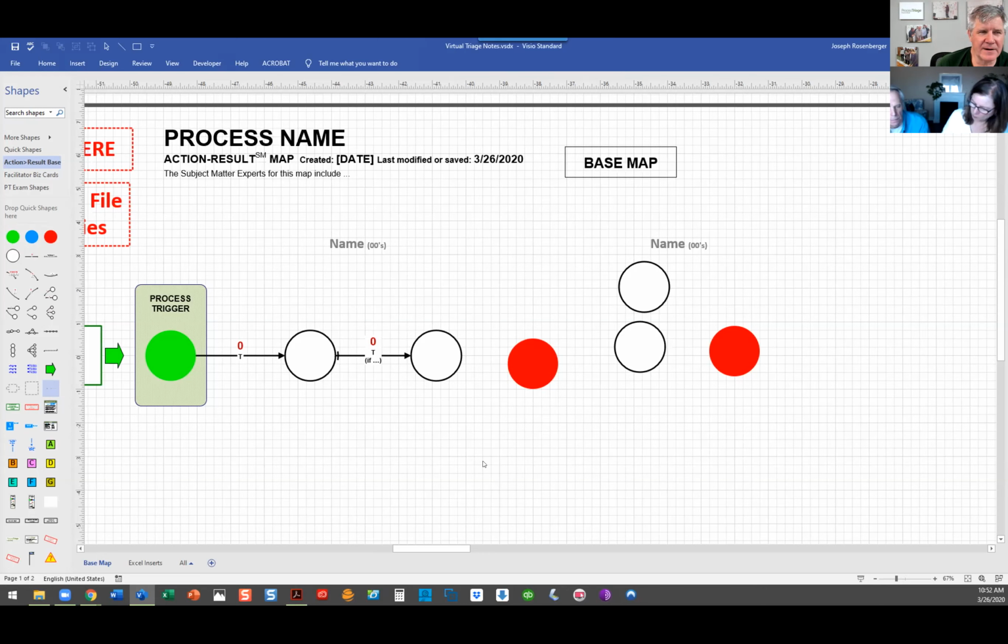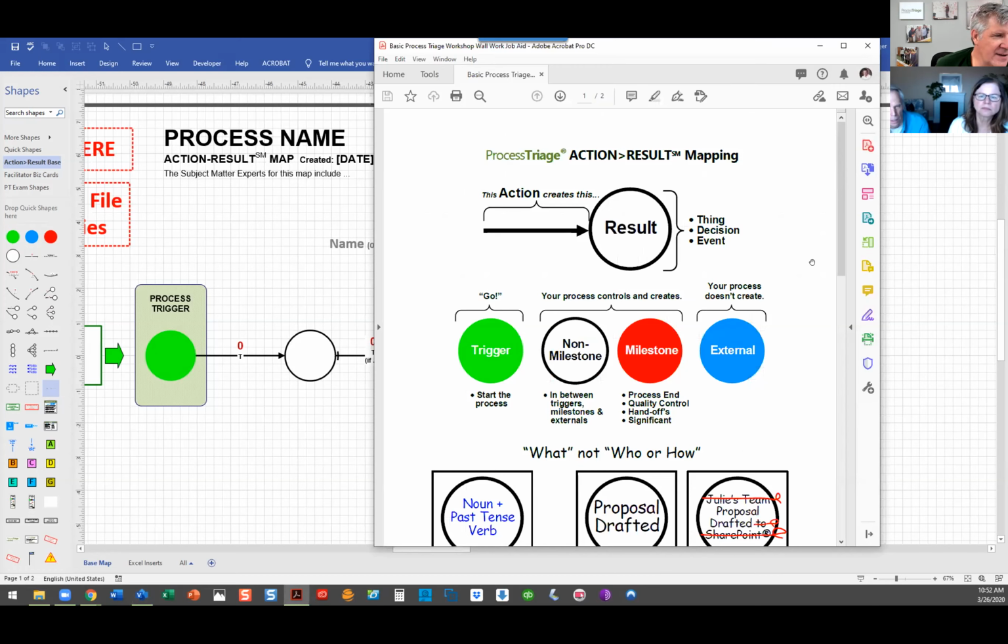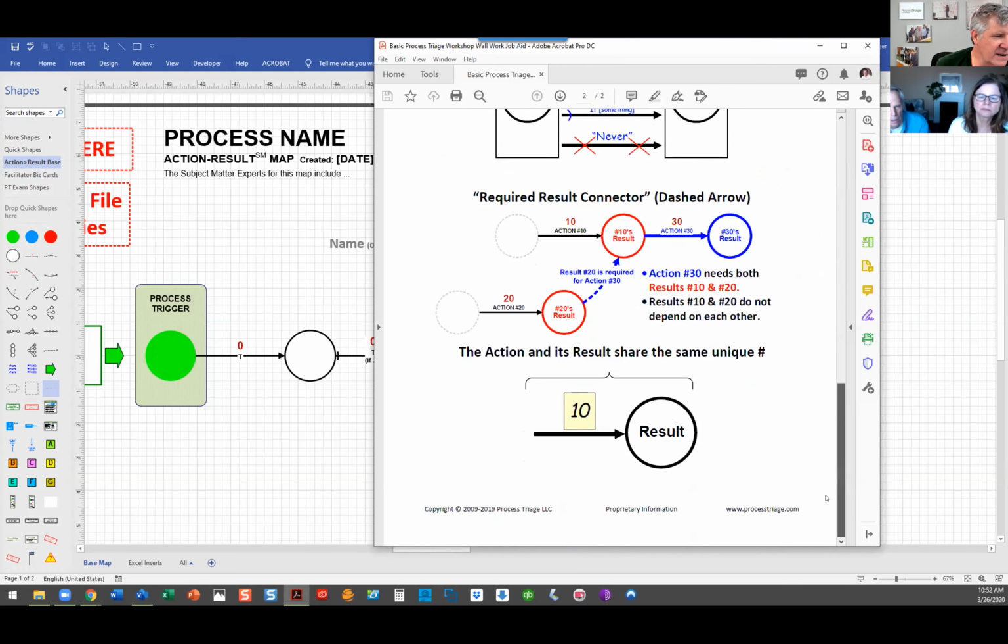In fact, it may be that you take this sheet and we add another worksheet to it, maybe a page 3, where it's just, list things that your process creates or decisions it makes. And they just fill it out for their own notes.